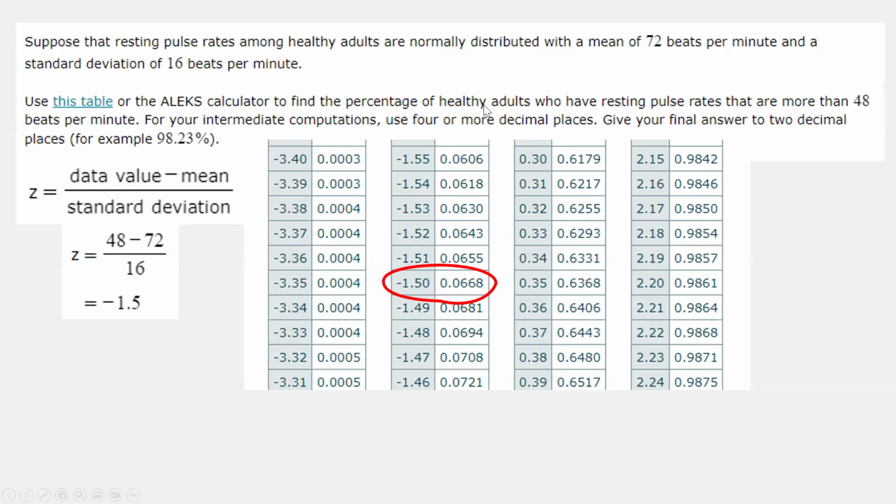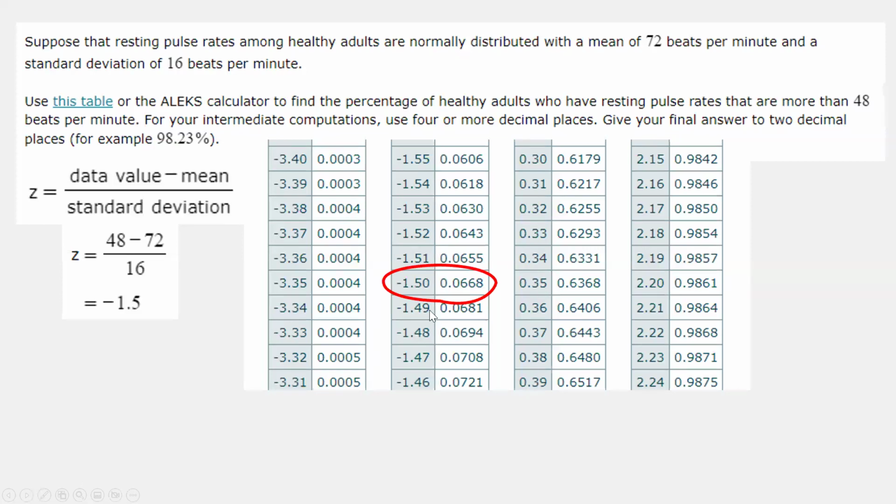Now, that being said, this says that we want to know the percentage of healthy adults who have a resting pulse rate that is more than 48 beats per minute. The thing with this z-value is it gives us everything from this value down. So this is giving us from 48 down.